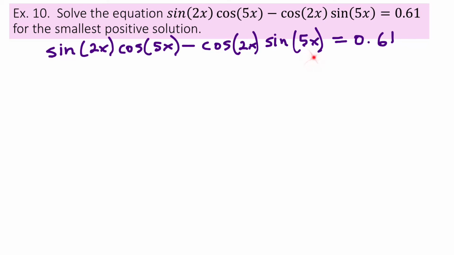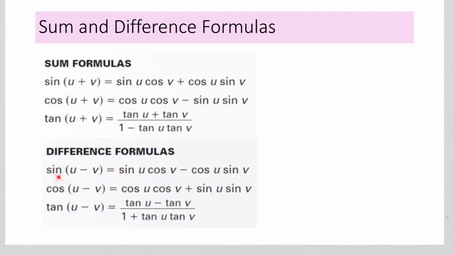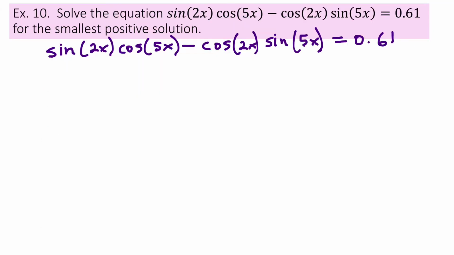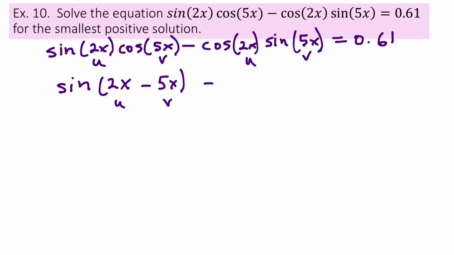This is actually, if I go back and look at my formula page, the sine of u minus v. Sine u cosine v minus cosine u sine v. So I've really got the sine of u minus v, which is how I want to write it. So this is going to be u, and this is v. So this is really the sine of 2x minus 5x is equal to 0.61.